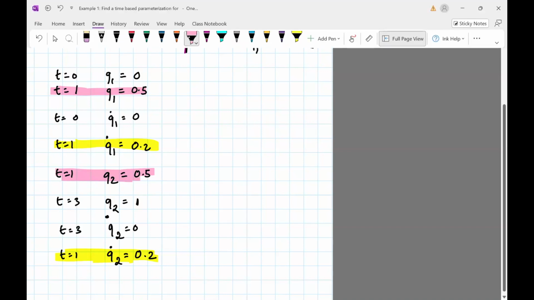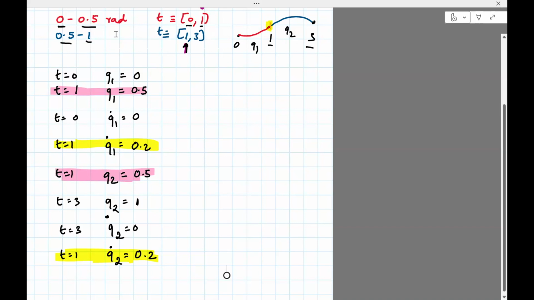Okay, so let's just count the number of equations. We have four conditions for Q1, and then four conditions for Q2.